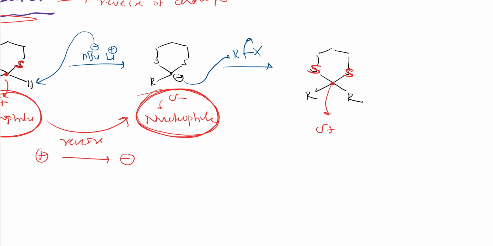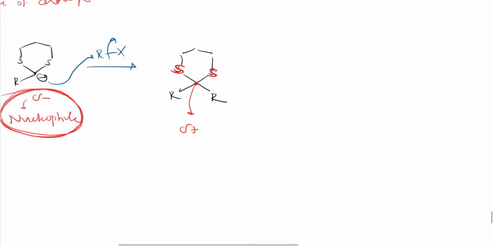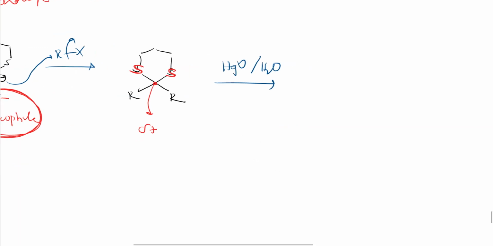Further, if you remove the sulfur by adding HgO or Hg2+ in the presence of water, I'll get the ketone RCOR, and other things as it is. I have told the mechanism of this also, and it becomes Hg(OH)2.